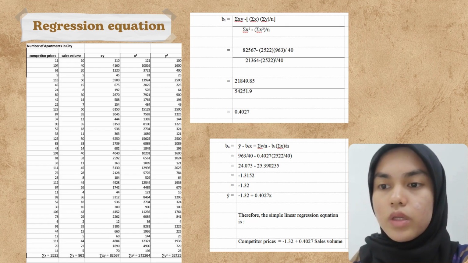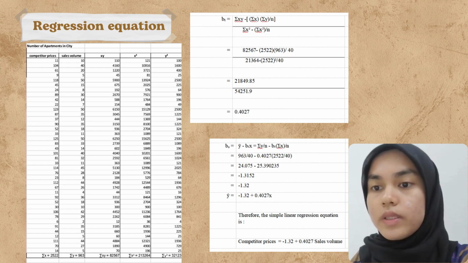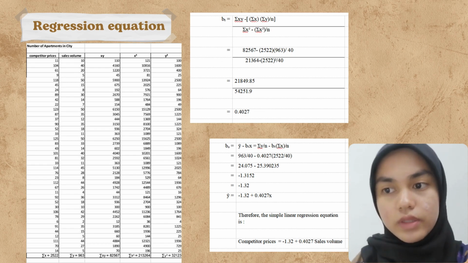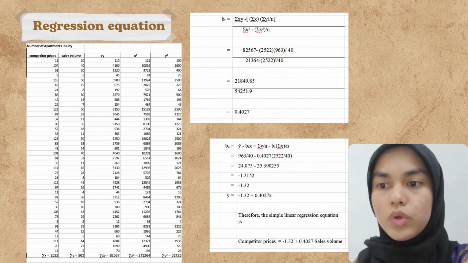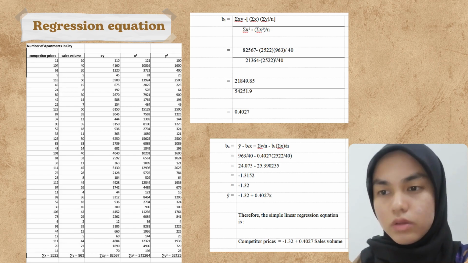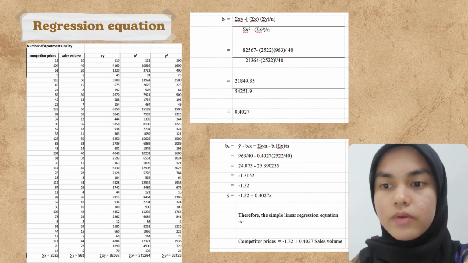82,567 minus 2,522 multiplied with 963 divided by 40, over 213,264 minus 2,522 squared over 40.